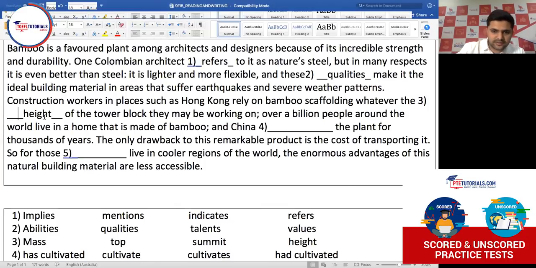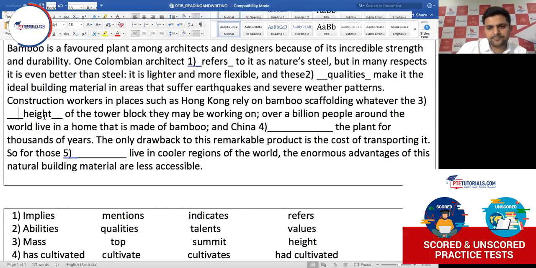So here the options are has cultivated, cultivate, cultivates, and had cultivated. Cultivate the plant does not make sense. Cultivates the plant for thousands of years, maybe. Had cultivated the plant for thousands of years, maybe. Has cultivated the plant for thousands of years, maybe.